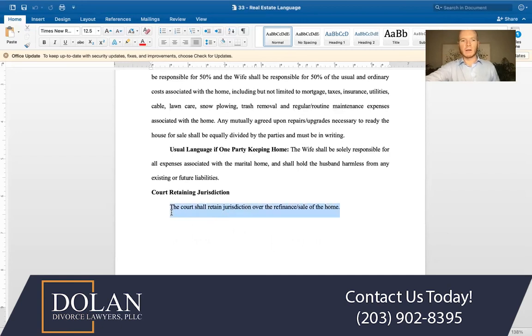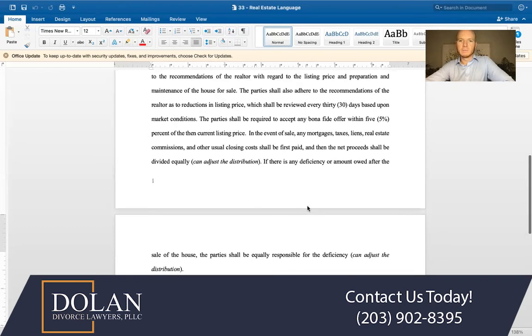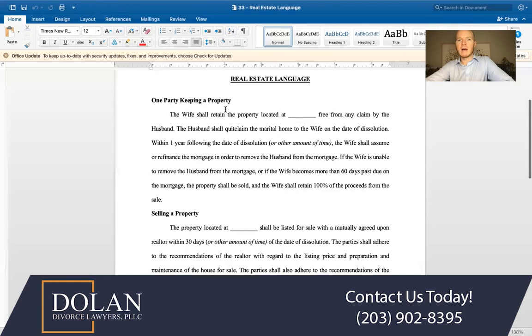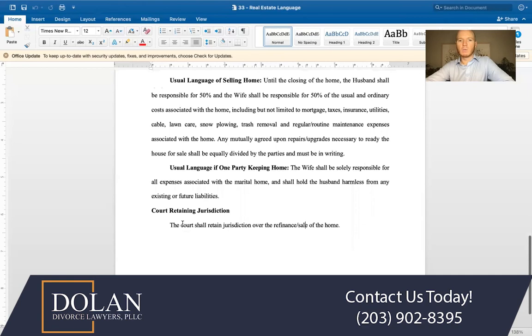And then you definitely want to, in almost all scenarios, put in language that says the court shall retain jurisdiction over the refinance or sale of the home. And that way, if there are any issues where the person who's supposed to refinance the home is not doing it, not following the orders that are laid out in the agreement, by having the court retain jurisdiction, you can go back to the family court and file a motion for contempt saying they're not following the order as they're supposed to be, and then the family court will take action.